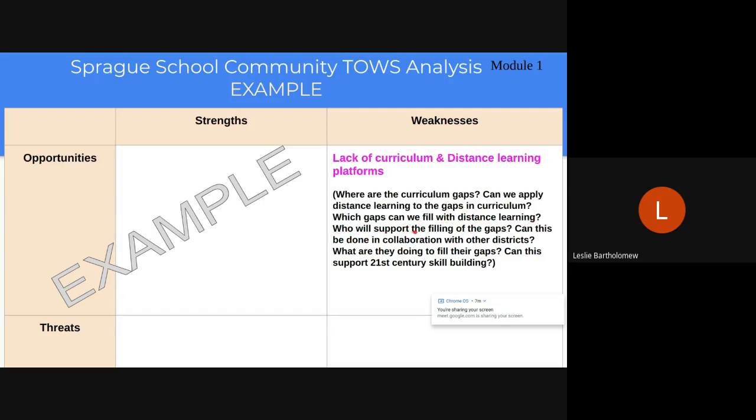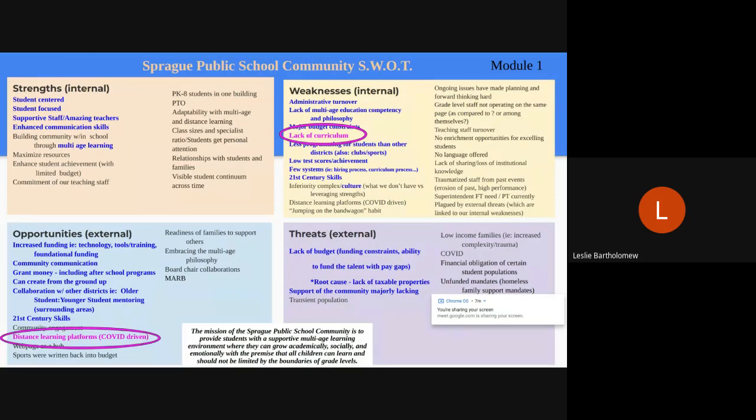Who would be supporting the filling of these gaps? Can this even be done in collaboration with other districts? And what are they doing to fill curriculum gaps? And could this also support 21st century skill building? So as you can see, I not only, and I'm going to go back to our SWOT, looked at the distance learning platform here, but there were other opportunities here that I heard from you.